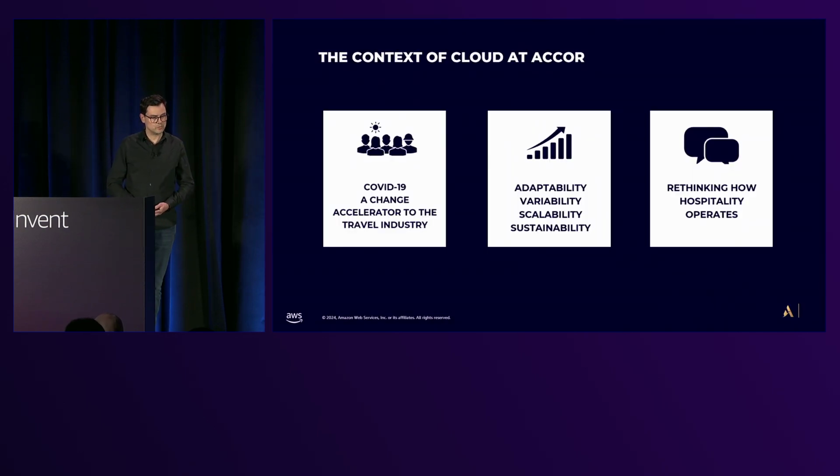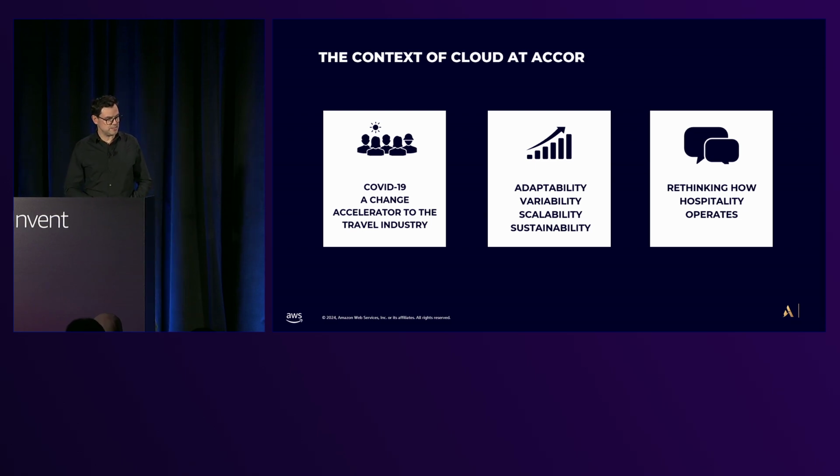So what is the context of the cloud at Accor? It's a forced transformation. COVID disrupted the hospitality industry. Overnight, no more travel, no more bookings, and thousands of refund requests exposed the necessity of agility. What is our focus?